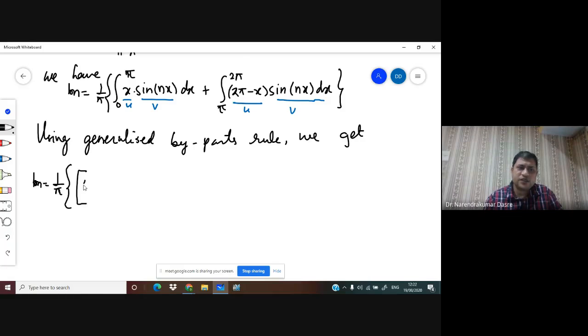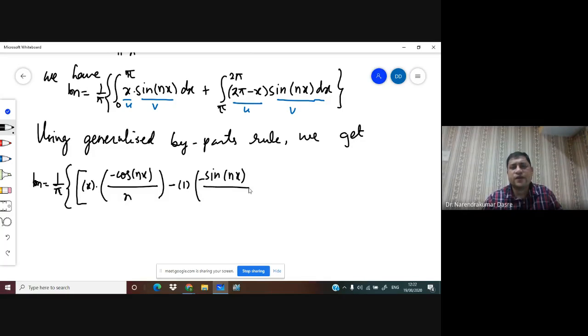And for the first integral, we have x. This is minus cos of nx upon n, and then will be minus 1, and this is minus sine of nx upon n square. The limits are 0 to pi.